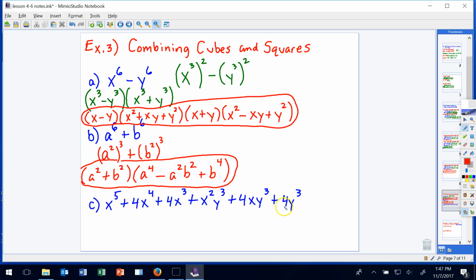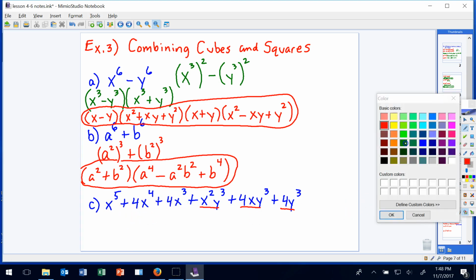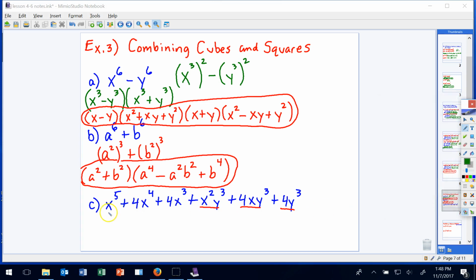For example, I notice y cubed, and y cubed. That's interesting. And all of these have just x's. So it looks like they're already set up for us. That doesn't always happen. They're already pretty much organized. So I'll just underline these in green. I won't rewrite this whole problem.